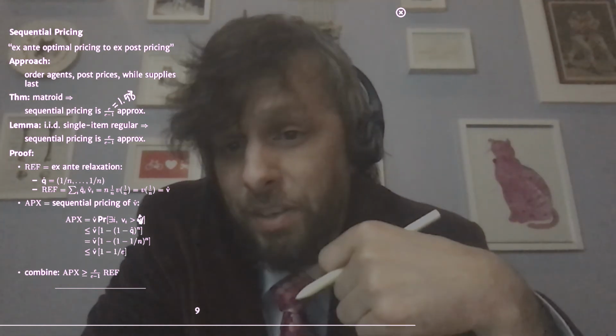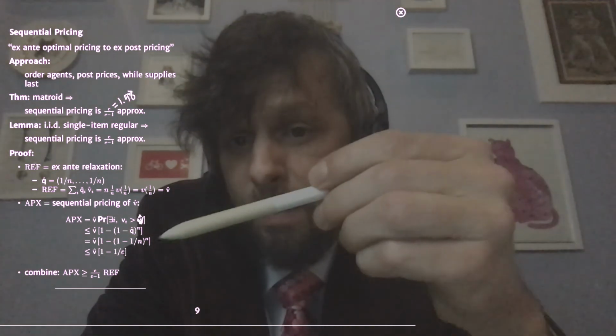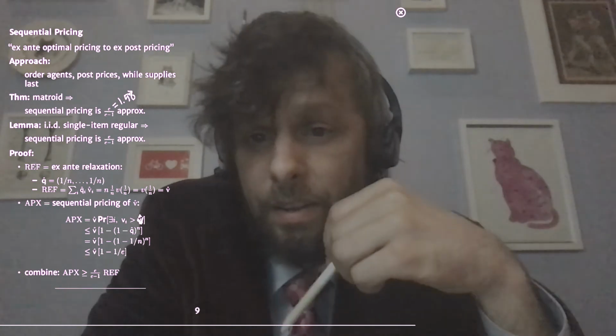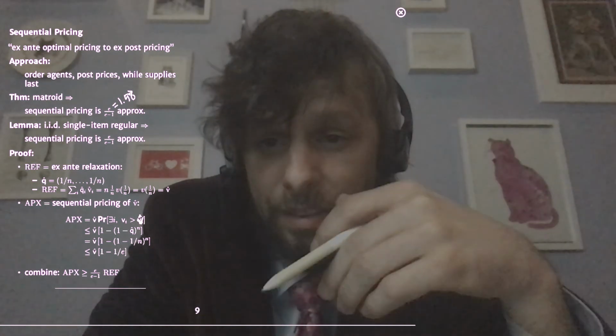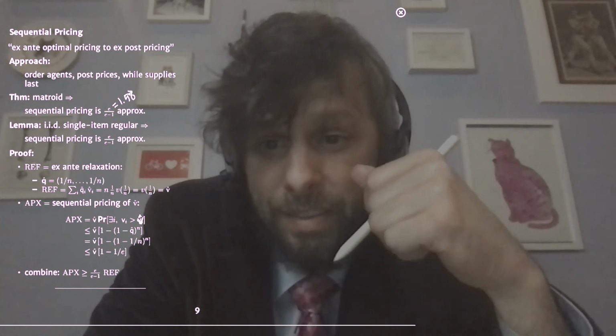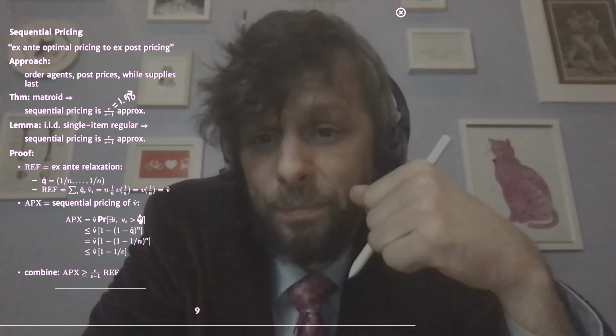These agents are all symmetric, so it's going to be v hat times 1 minus q hat to the n. 1 minus q hat to the n is the probability that they're all below v hat, and then 1 minus that is the probability that it's not the case they're all below v hat. At least one is above v hat.